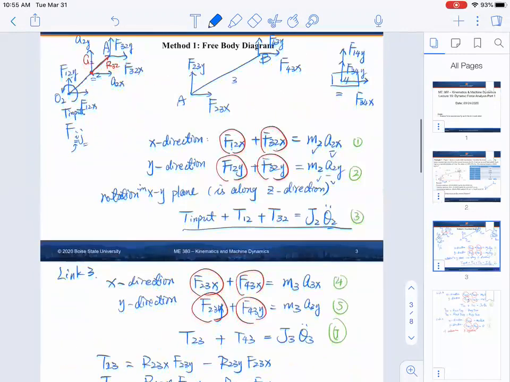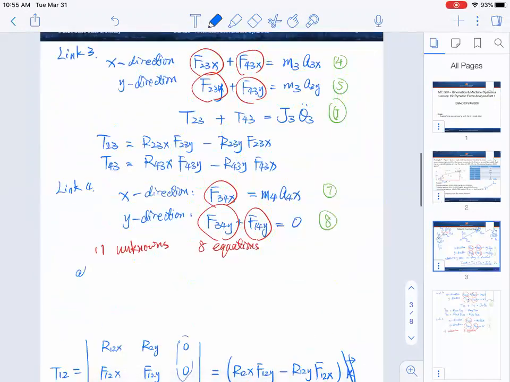So these additional equations are, at joint A, you should have F23x equals negative F32x, F23y equals negative F32y.